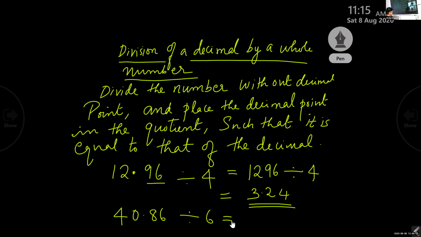Correct. So when you divide 4086 by 6, how much are you getting? 6 6s are 36, isn't it? So you will get 681. Now fix the decimal point. How? 2 places are there. So we'll get 6.81 as the answer.